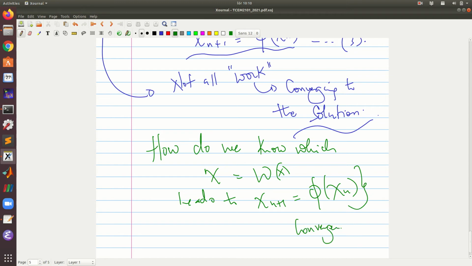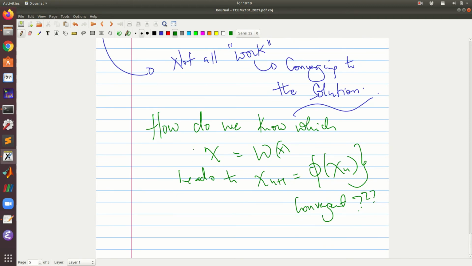That is the key thing. How do we get to pick the right form of x equals phi of x, which will lead us to a convergent solution? Well, we have a theorem which is going to help us with that.